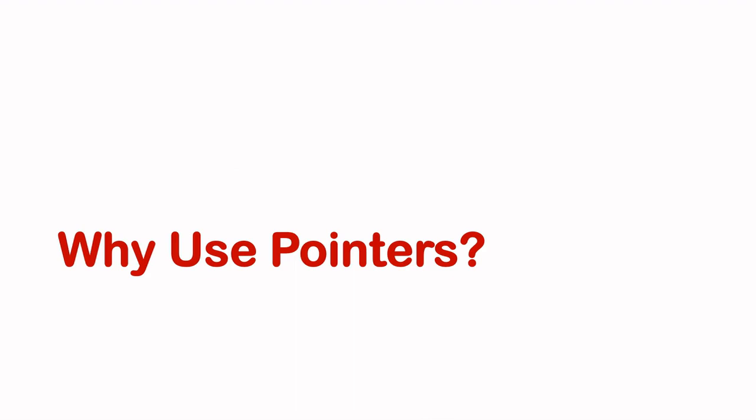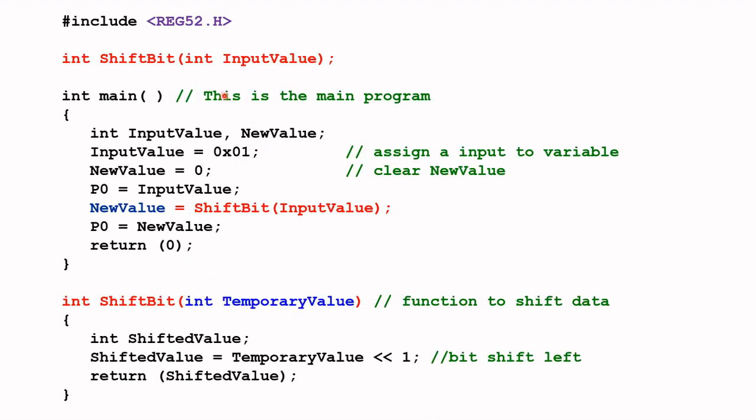Now, in order to answer that question, let's recap the earlier example from my video on functions, which I repeated here. I've declared the function that I want to use, int shift bit with the parameter int input value, and this is the main function.